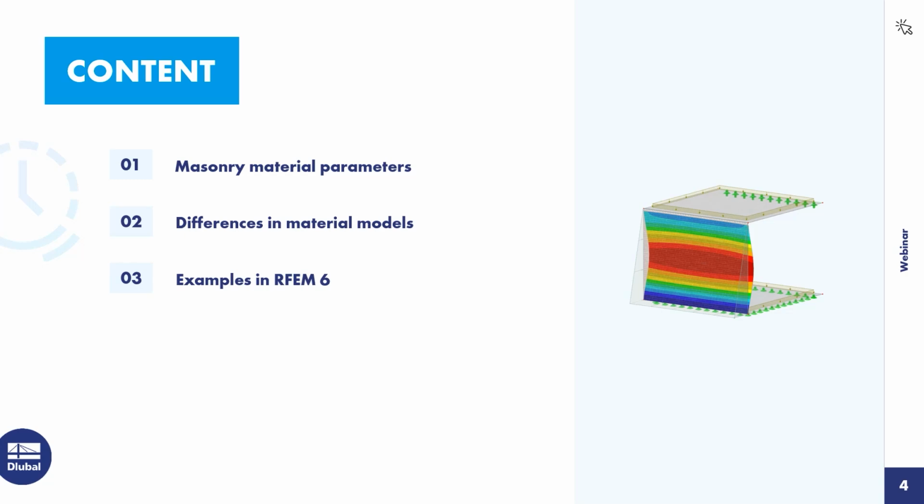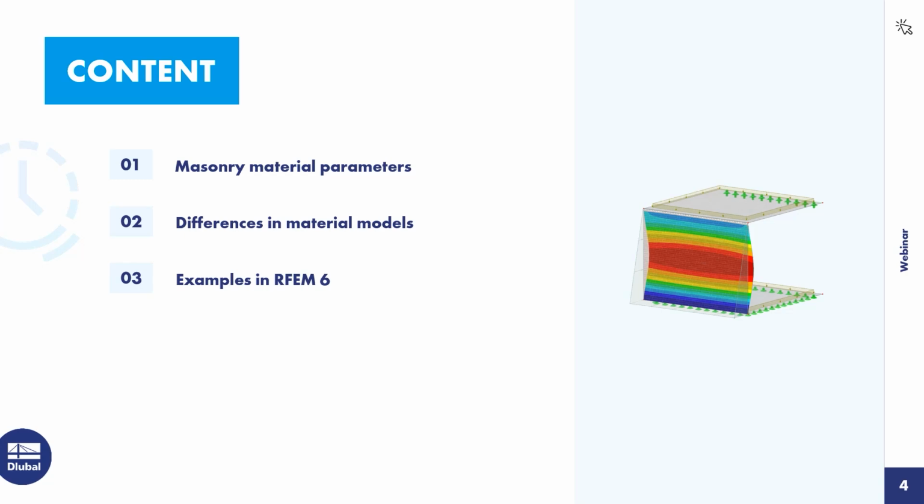Thank you very much, Andreas, for your introduction. From my side, hello to all to today's webinar. The topic of today's webinar is masonry, what we have implemented in RFEM and how we could use it for the different situations. The webinar is separated in three parts.